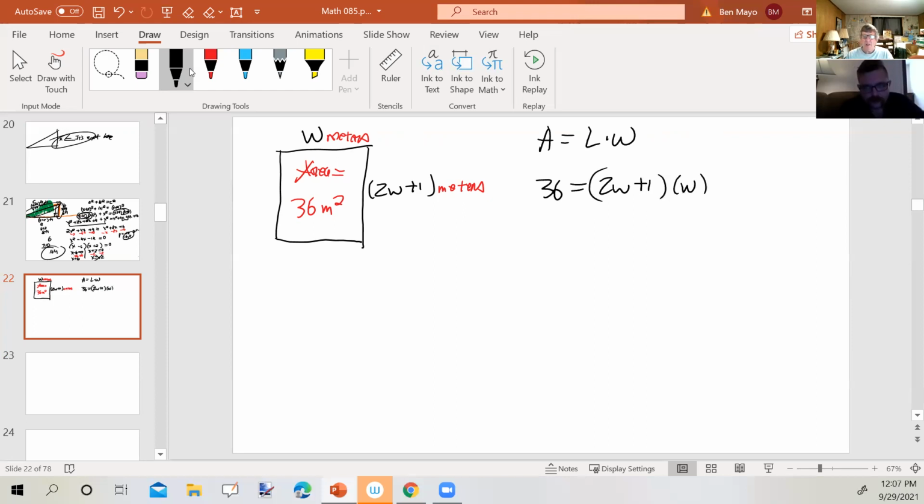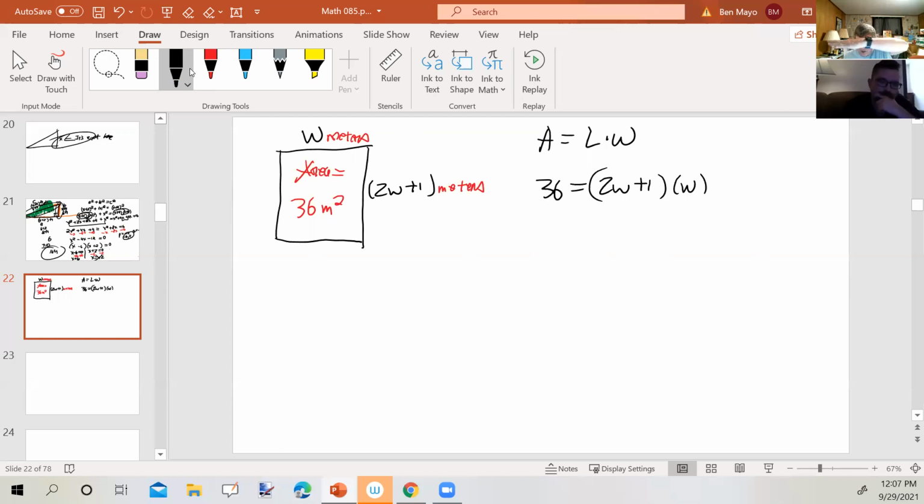Now, there is debate amongst mathematicians as to which side is the length and which side is the width. Some would say the length is the longest side and the width is the shorter side, in which case 2W plus 1 would be the length and W would be the width.